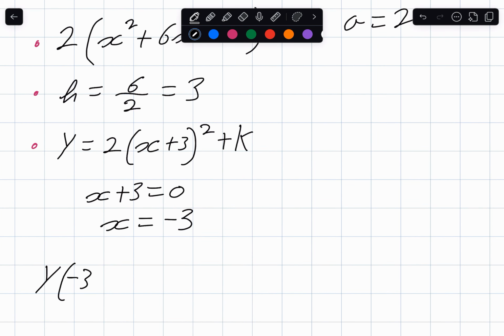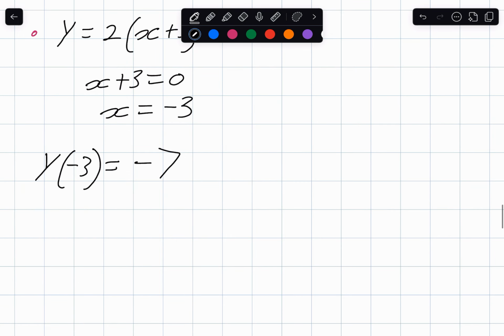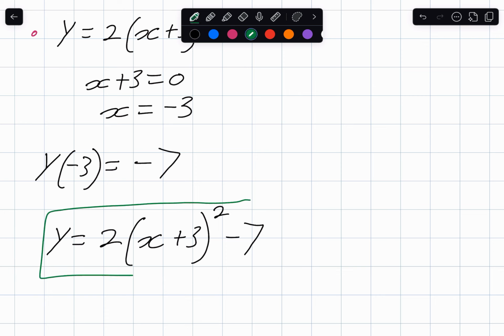To find this, we need to plug the x value into our quadratic function. And if we do this, we're going to get minus 7. So our complete final square form is going to be 2 times (x plus 3) all squared minus 7. And that's our final answer.